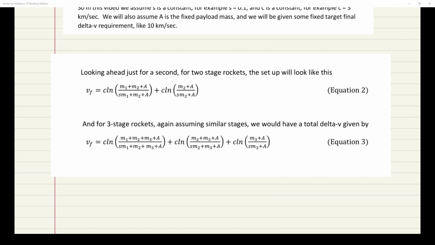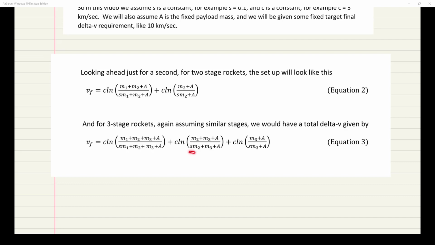Once the first stage is released, you no longer have all of that structural mass, and you can then initiate another burn on stage 2. This would be the initial mass of the entire rocket, with stage 2, stage 3, and the payload all there. As stage 2 burns, when it's completed, the denominator here represents the mass of the rocket after stage 2 burns.